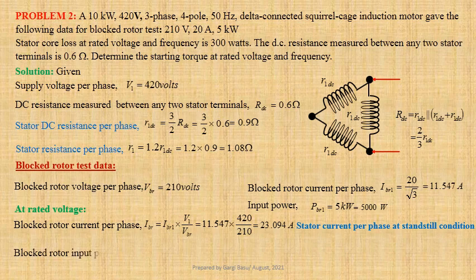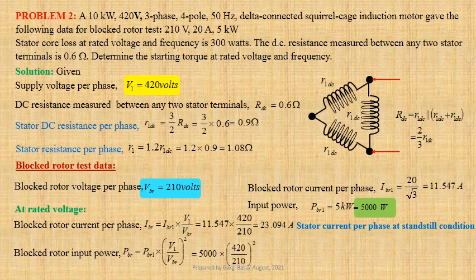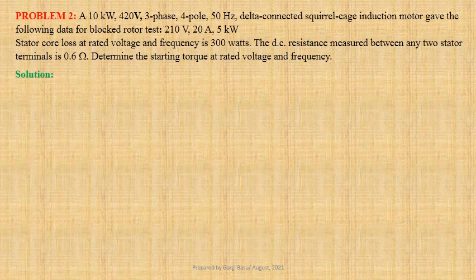Blocked-rotor input power at rated voltage PBR equals PBR1 into V1 by VBR whole square. Using values we get 5000 into 420 by 210 whole square, that gives us 20,000 watts. That is the stator input power at standstill condition.